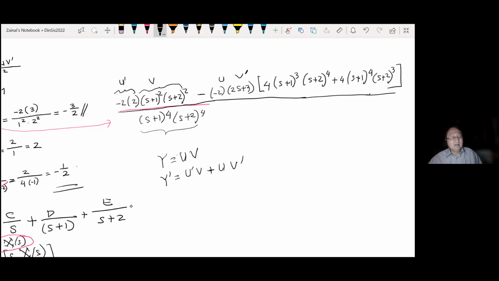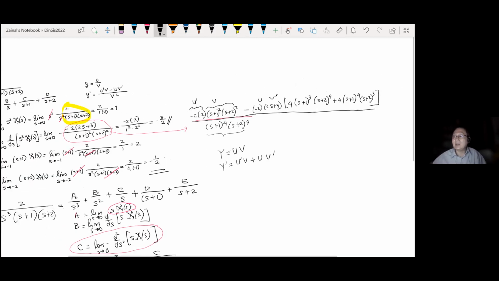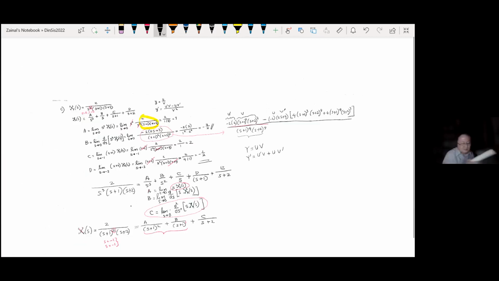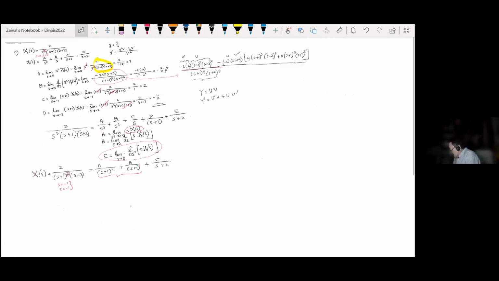Itu kalau diturunkan sampai 2 kali, jadi agak panjang. Ada yang Anda mau tanyakan?